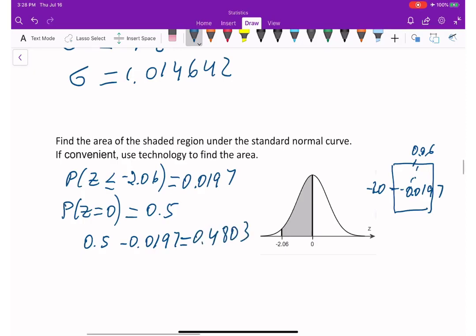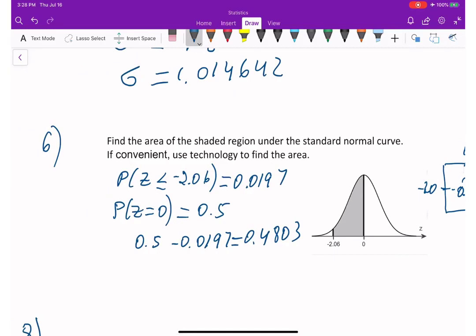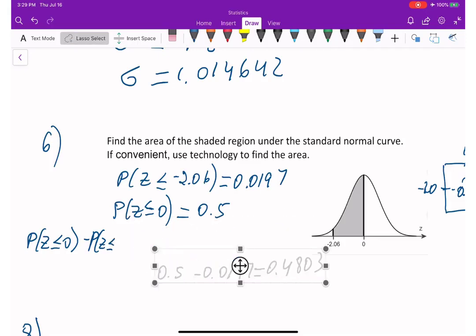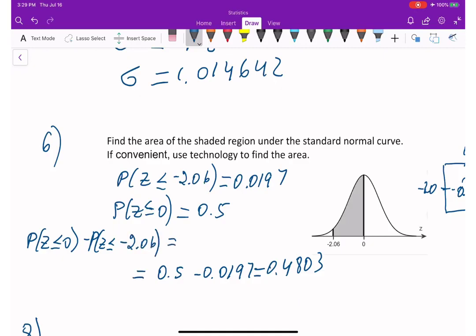So practically, probability of z-score less equal 0 minus probability of z-score less equal negative 2.06 is equal to 0.4803, and you round up based on the requirement.